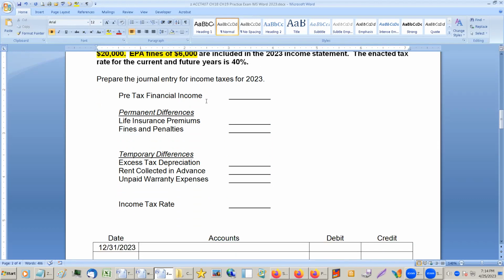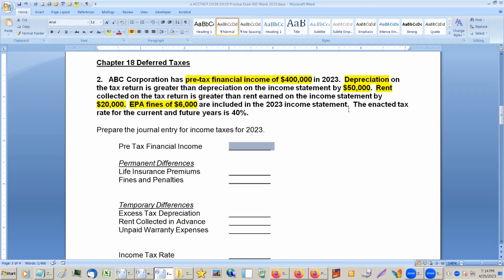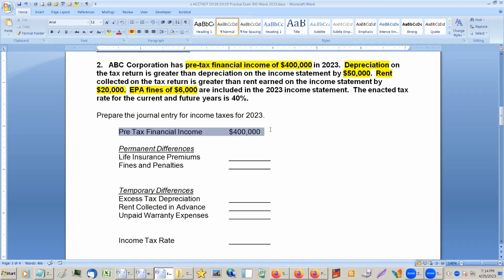Okay, so let's go through here. Pre-tax income was 400,000. Fines and penalties: we have this EPA fine of 6,000.